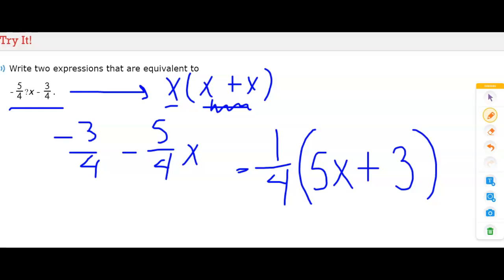And then now we have another equivalent expression using the distributive property.